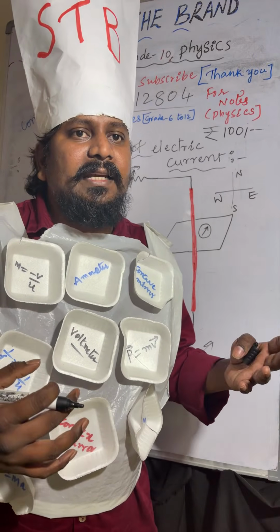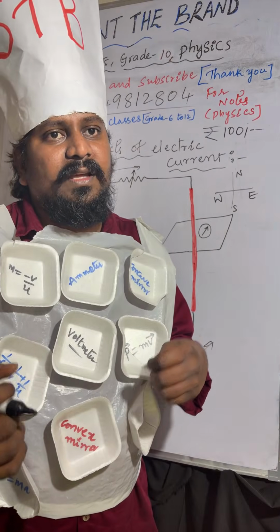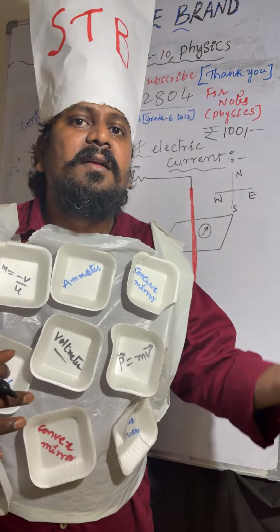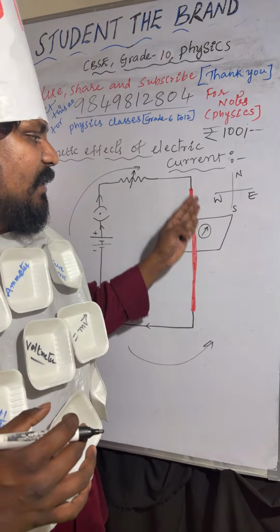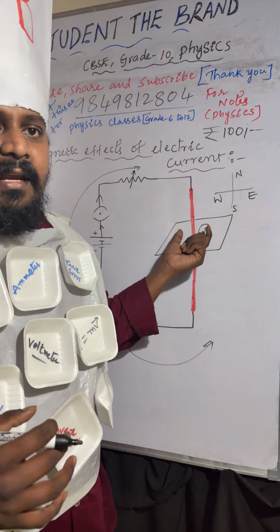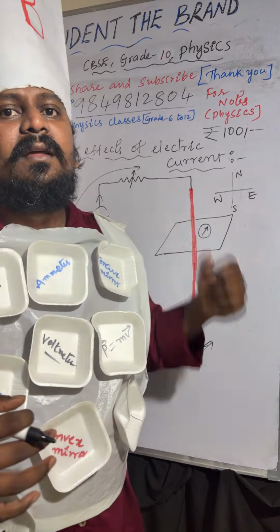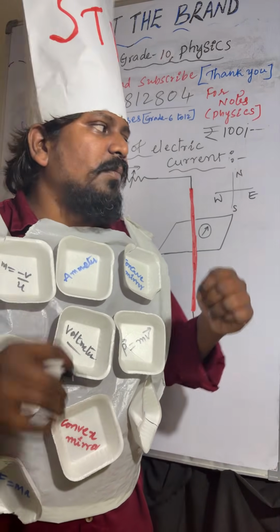So what is that relation? Current and magnetism. If you place the compass near the current carrying conductor, automatically deflection will be shown in the compass.